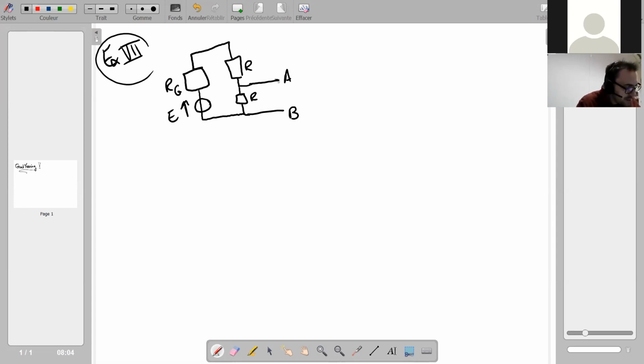So the question is, what is the equivalence model of Thevenin and Norton seen for the circuit between A and B?